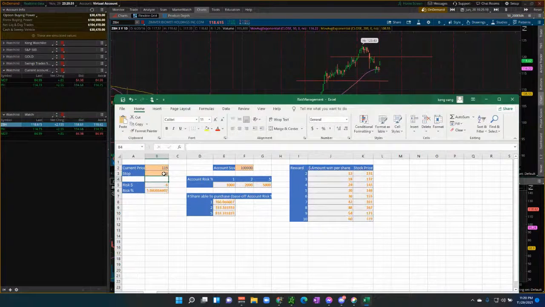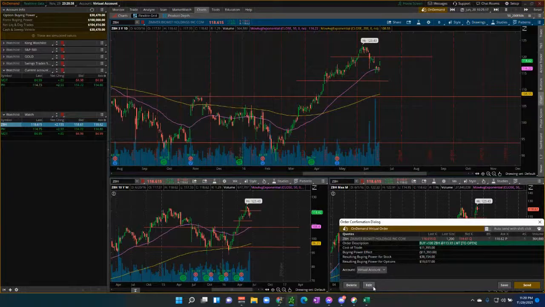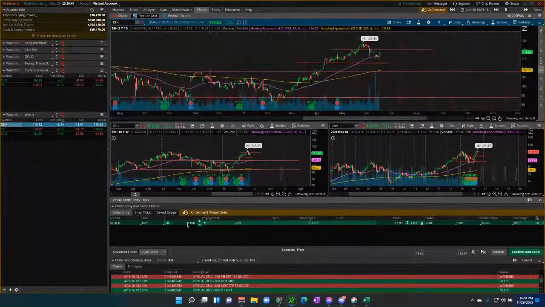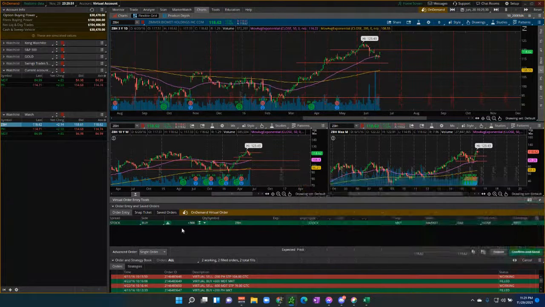So far, we've only done 3 trades. Let's see, if we can buy 300. If not, we might have to trim it to 200. We'll have to trim it to 200. So let's trim it to 200.